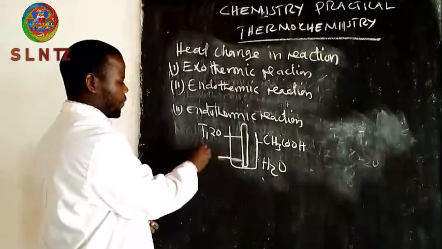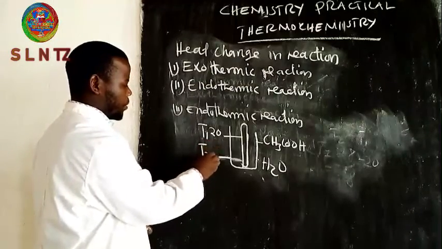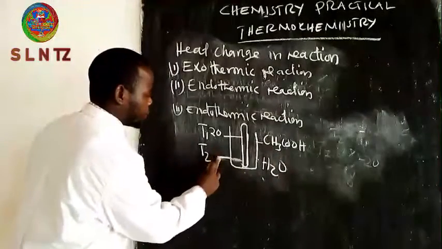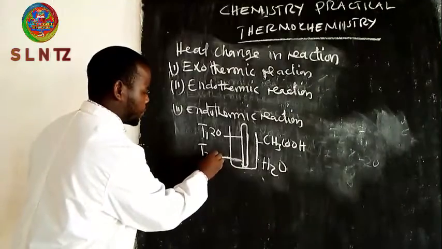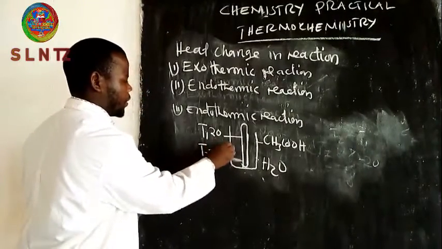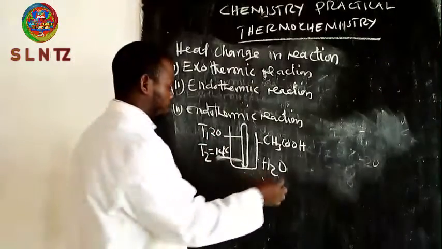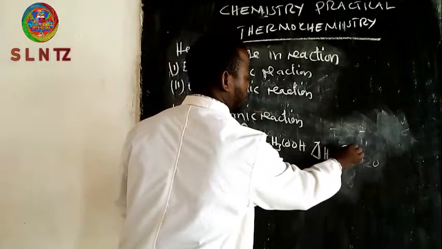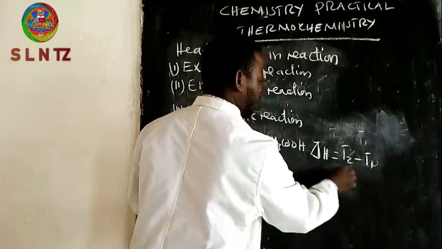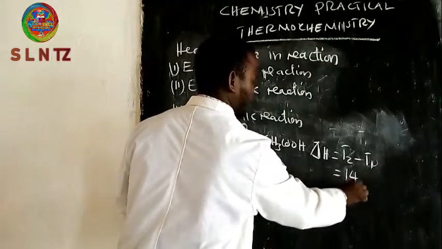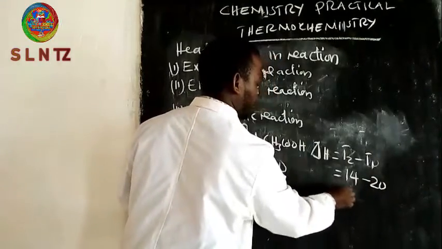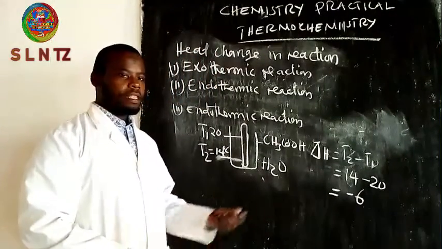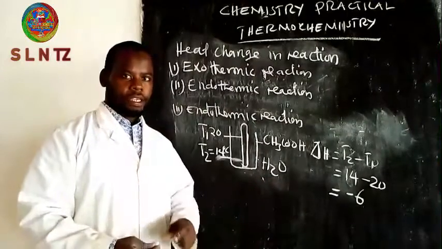Our final temperature T2 will be lower, let's say 14. The heat change will be T2 minus T1, which is 14 minus 20, so negative 6. That is our endothermic reaction.